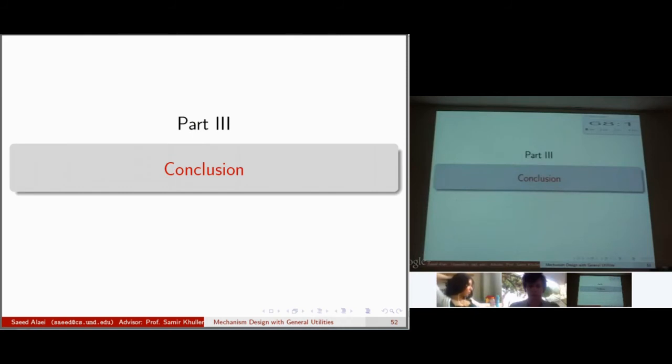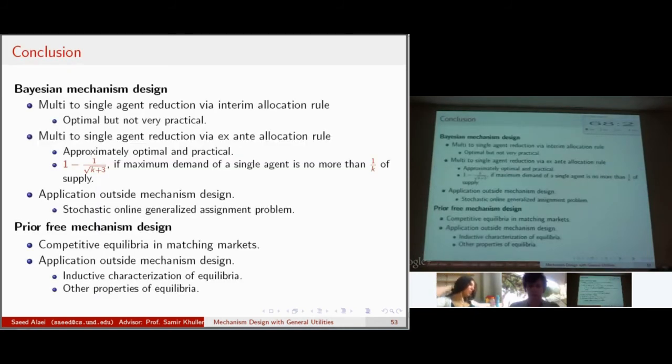So to conclude, for Bayesian mechanism design, we present the framework for multi to single agent reduction based on interim allocation decomposition or ex ante allocation decomposition. The decomposition of interim allocation would give an optimal mechanism, but it's not very practical. On the other hand, using ex ante allocation, we get an approximately optimal mechanism, but it's more practical.